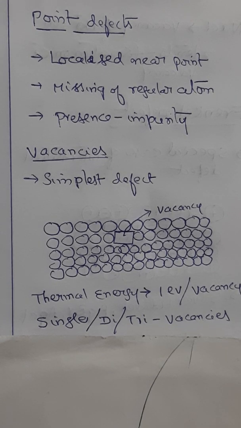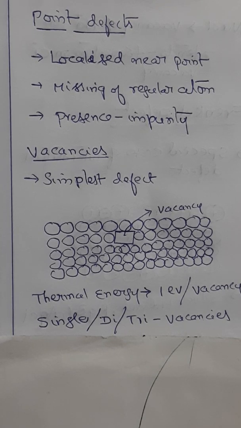These vacancies may arise either from imperfect packing during the formation of crystals or from thermal variations of atoms at high temperatures. When the thermal energy due to vibrations is increased, the atoms will jump out of their positions of lowest energy and move over to the surface. For most crystals, this thermal energy is of the order of 1 electron volt per vacancy.